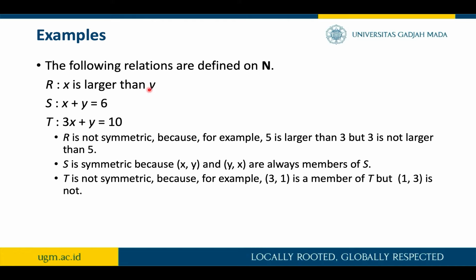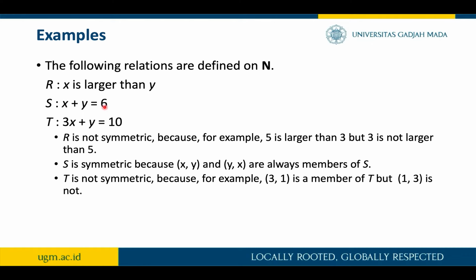The first one, R, is not symmetric, because if x is larger than y, then y is not larger than x. Here is an example: 5 is larger than 3, but 3 is not larger than 5. So (5, 3) is an element of R, but (3, 5) is not an element of R.